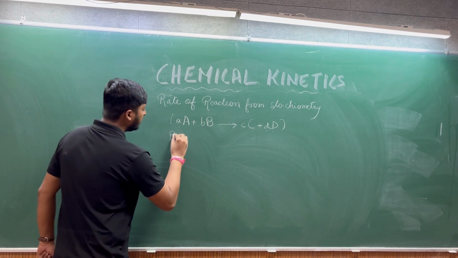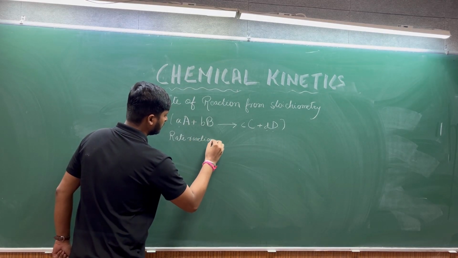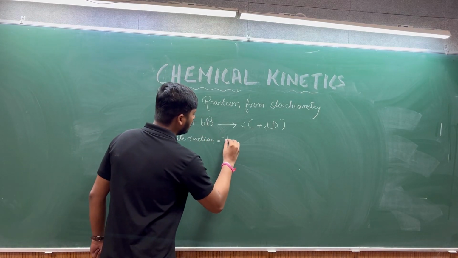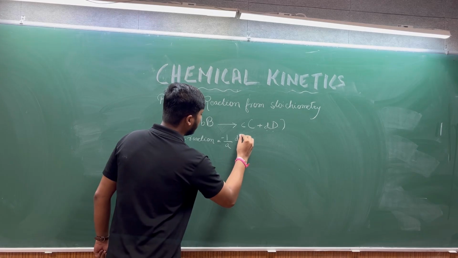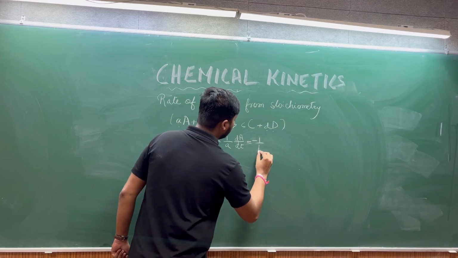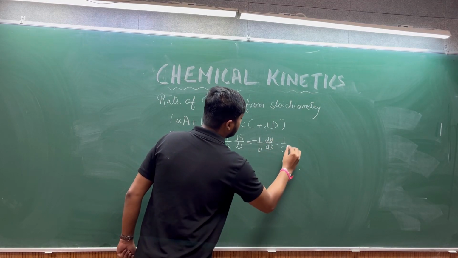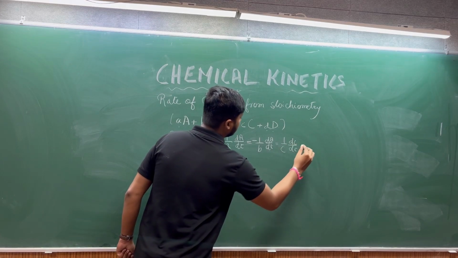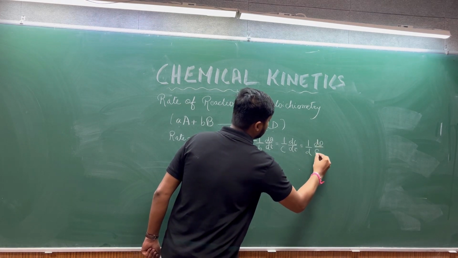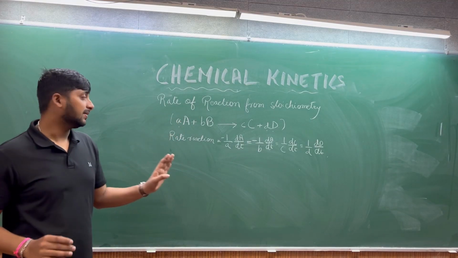So the rate of the reaction will be equal to minus 1 by a dA by dt, minus 1 by b dB by dt, 1 by c dC by dt, and 1 by d dD by dt. So this is the rate of the reaction from the stoichiometry of a chemical reaction.